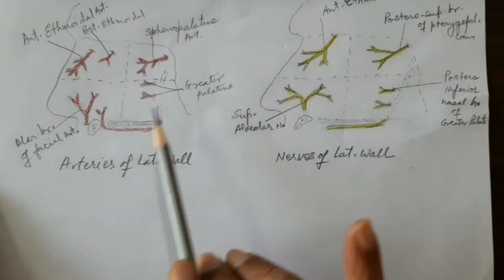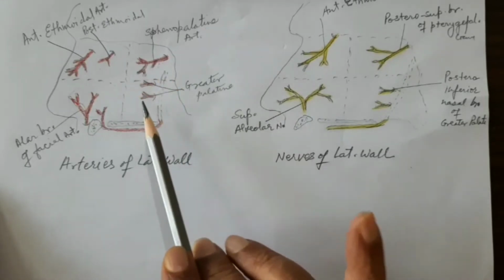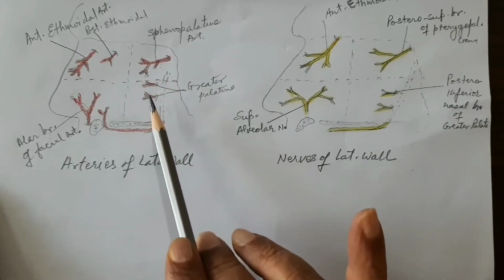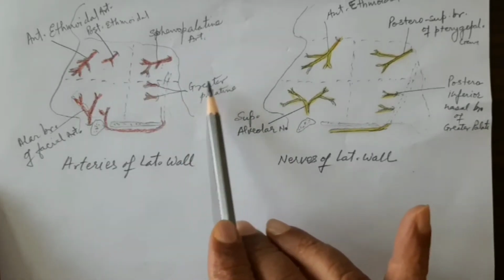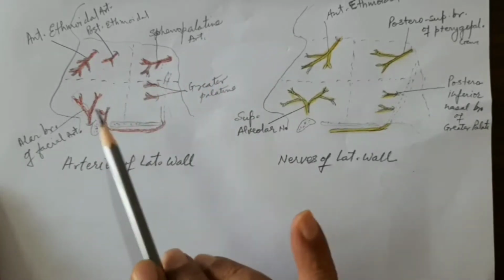And the veins of the posterior part again form a plexus, and it will drain into the pharyngeal plexus, deep posterior to the pharynx.